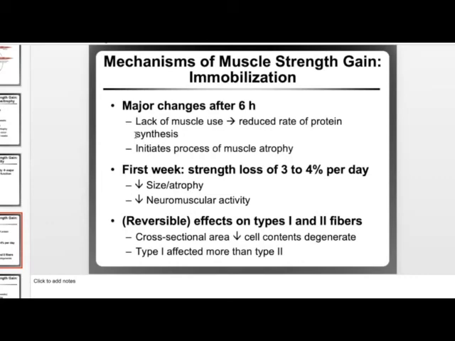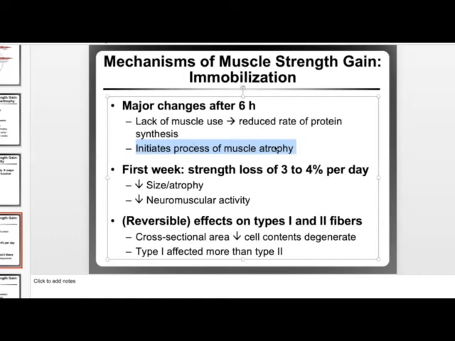Why do I have to contribute my valuable caloric energy and resources to make actin and myosin if it's not moving? And within 6 hours, there's already the beginning of muscle loss and strength loss and protein synthesis reduction, or tissue reduction.